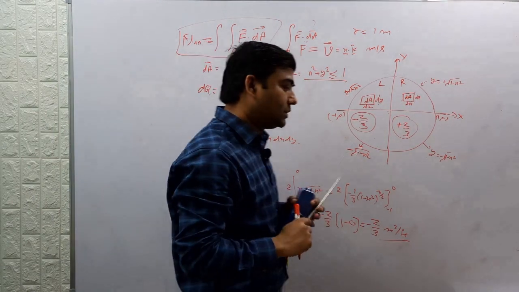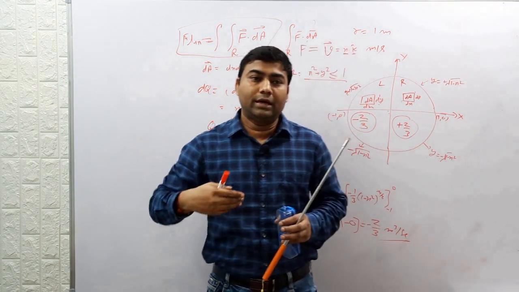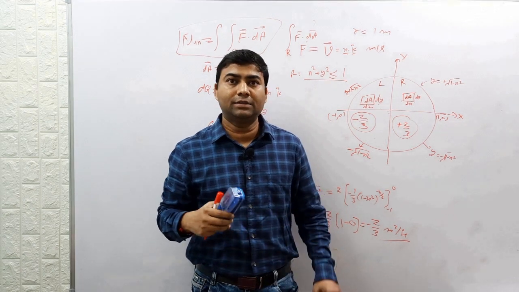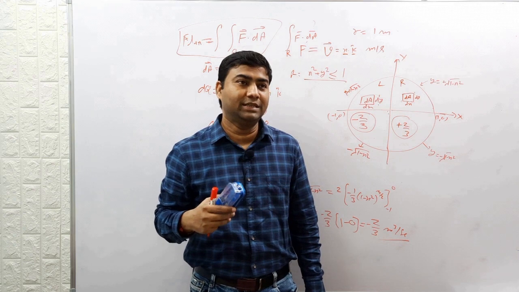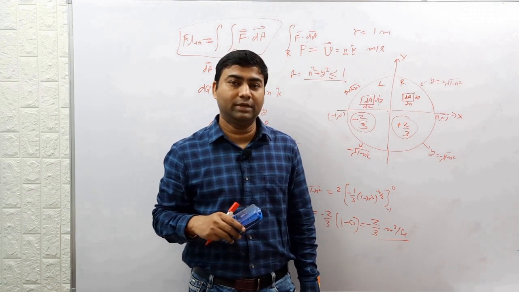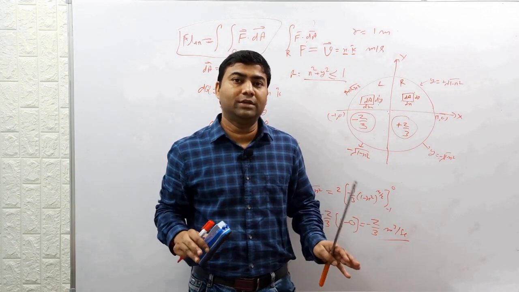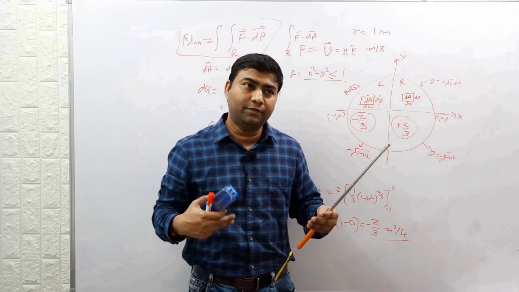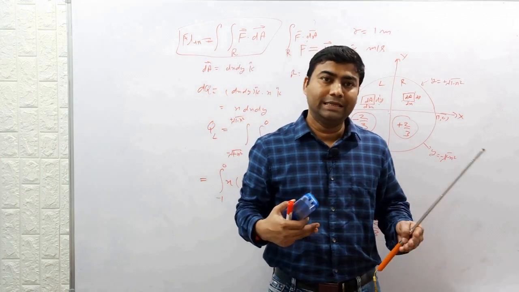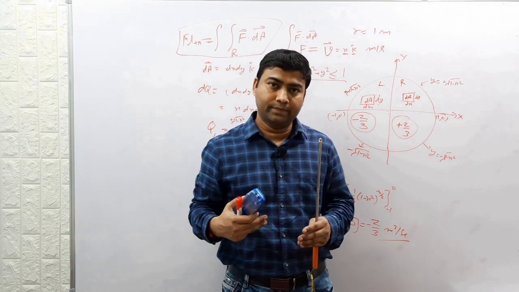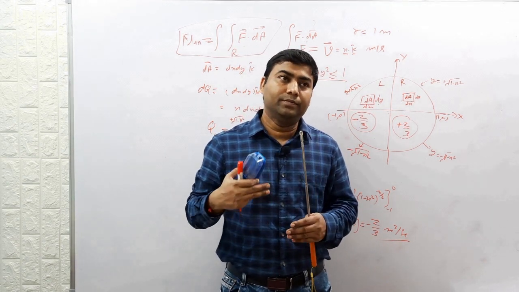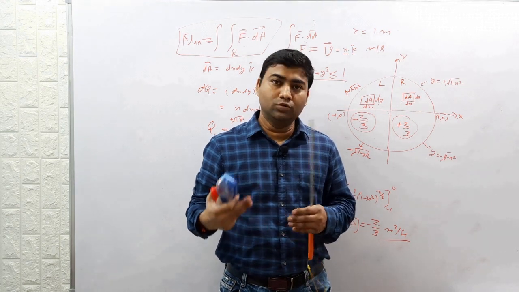I was just trying to explain that flux is not an exclusive property of double integration, or a surface integral is not exclusive to double integration. It has nothing to do with double or triple integration. It is just flux by its definition, F dot A, field dot area vector. Whatever method you find simple, you can use that method.